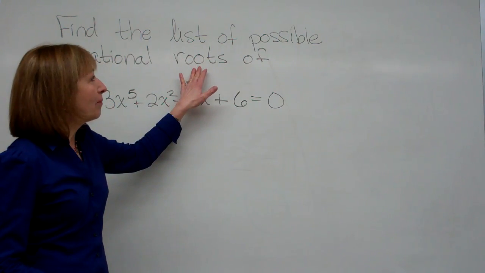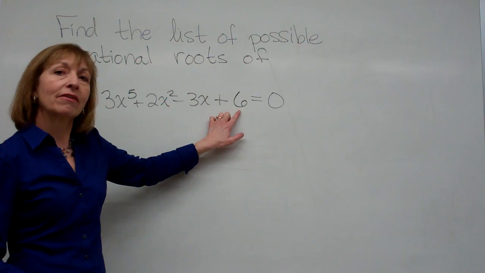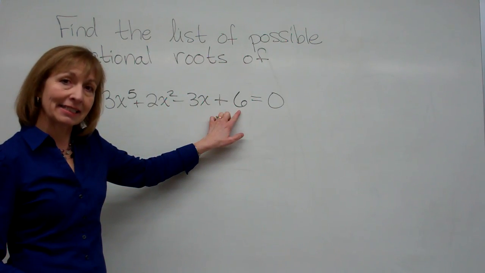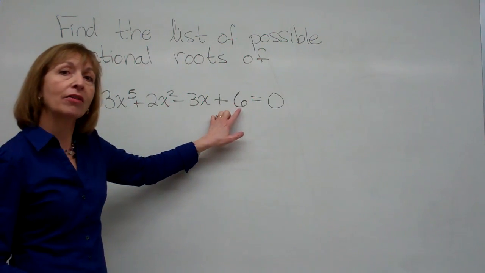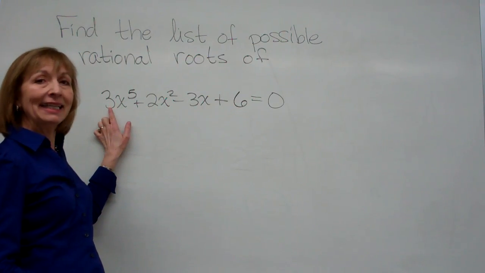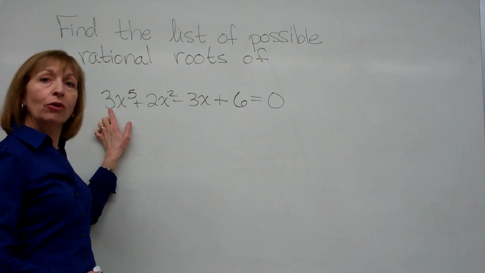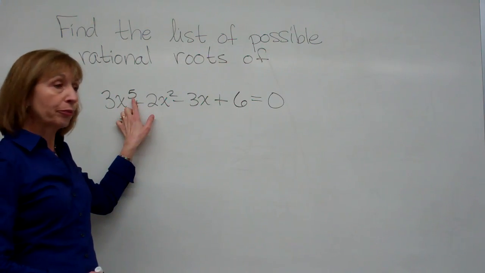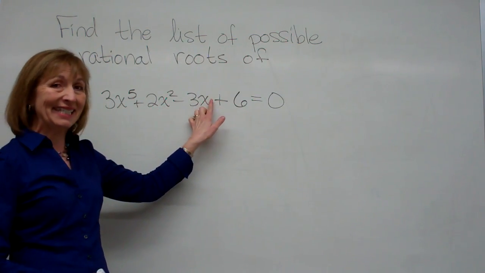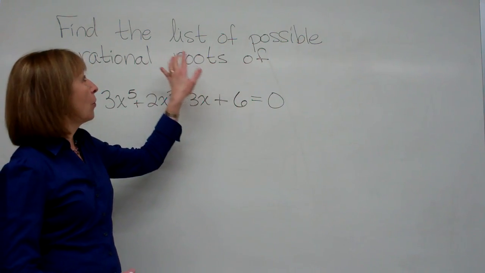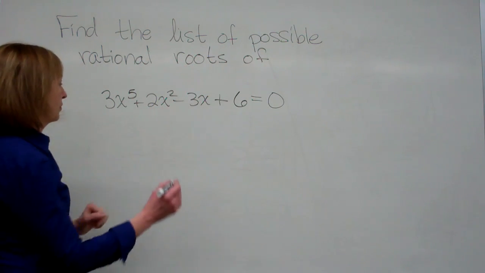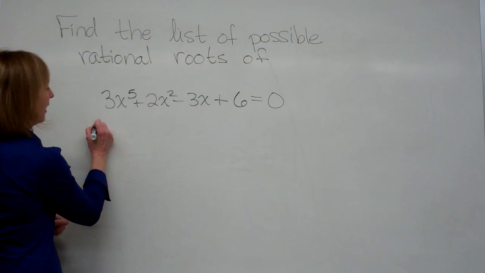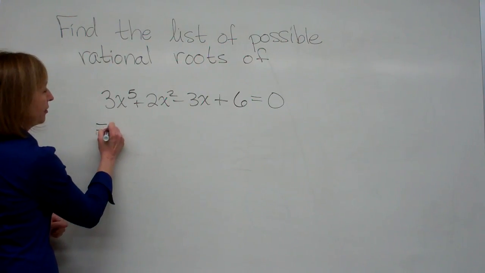We can find that by taking all the factors of the constant term divided by all the factors of the lead coefficient. The lead coefficient is the coefficient in front of the first term after you've put your terms in descending order.